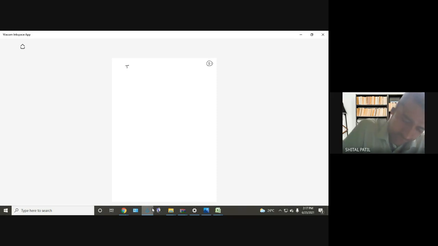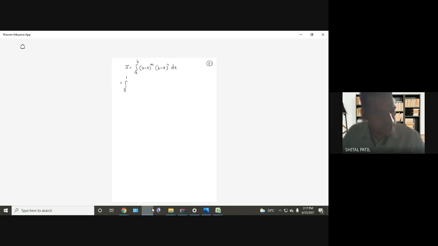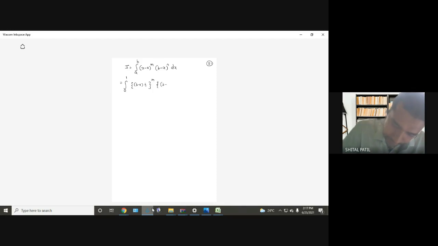So we have integral like this. Integration from a to b. So limits will become 0 to 1. X minus a is b minus a t. B minus x is b minus a into 1 minus t.